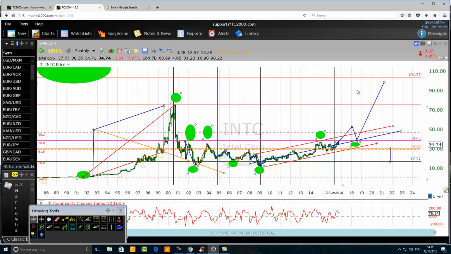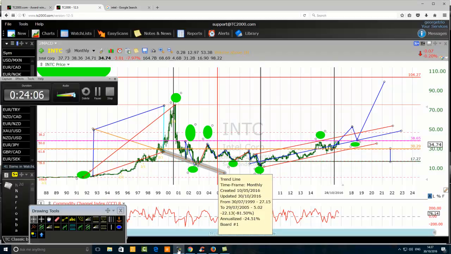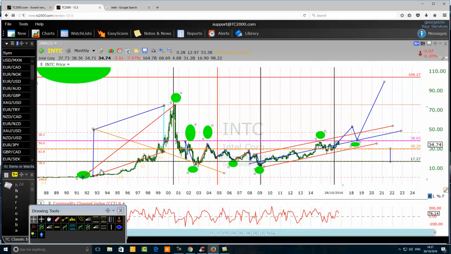Now, the point I'm making here: because the stock went up almost from penny stock to $75, it's a key resistance level. For us that understand Fibonacci extension, the level of $104.27 is the 138.2% Fibonacci extension level of the prior trend. Remember, this is what I'm calling a prior trend, from 1991 to 2000.